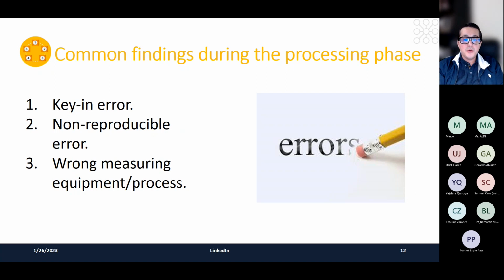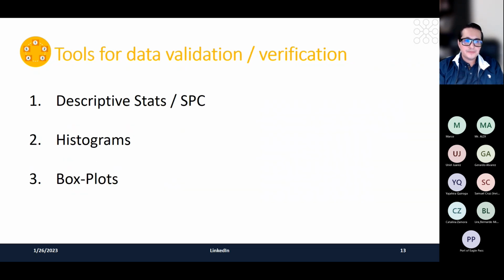Let's say you want to measure the length of a tube that's supposed to be 10 centimeters plus or minus 5 millimeters, and you give your quality technicians a ruler that measures in centimeters with no millimeters. Right there, he's not going to be able to measure that dimension accurately. That's one of the common errors. So: keying errors, non-reproducible errors, and wrong measurement errors.